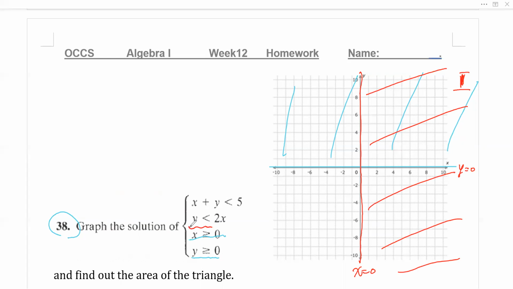Let's see this one. Y less than 2x. So we say y equals 2x first. Graphing y equals 2x, they pass 0, 0. When x is 2, y is 4, right? So we can quickly graph it in here.